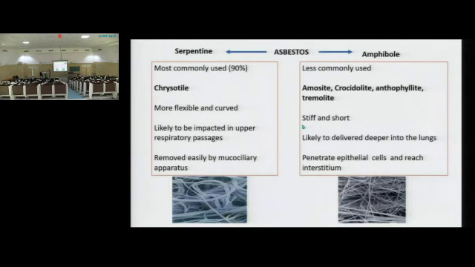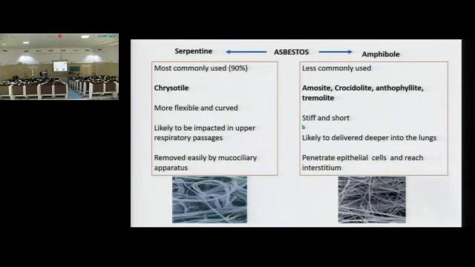fibrogenic effect and fibrosis. But of the two forms, serpentine and amphibole, the serpentine form is most commonly used, and 90% of the form is serpentine. But more pathogenic is amphibole.